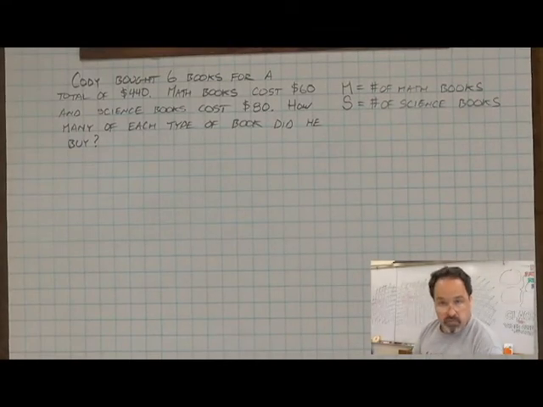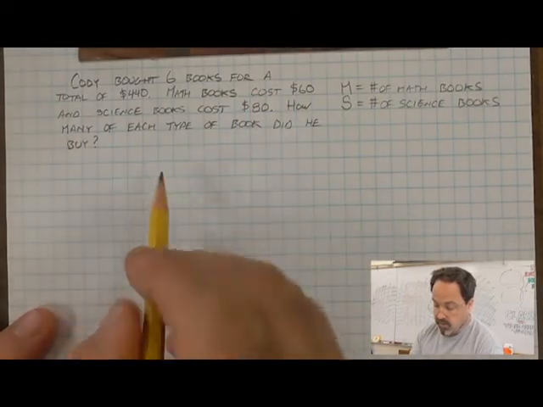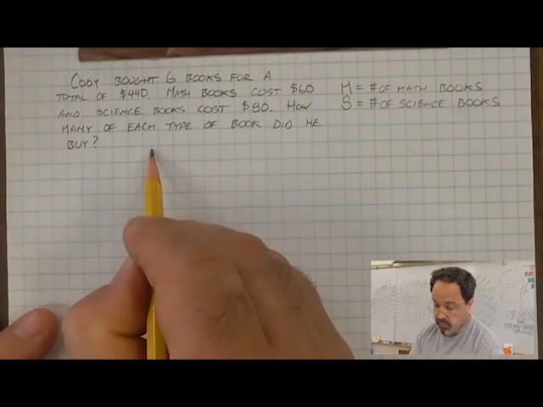Now that I have choices for the variables, I might be able to immediately see that answering the question, how many books did he buy, is going to be the sum of these 2 variables. That enables me to write an equation.